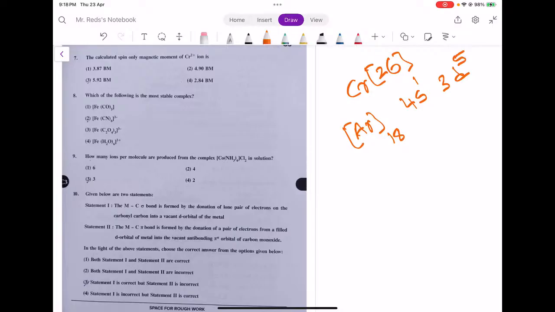Now the electronic configuration of Cr+2: an atom loses, gains or shares electrons from the valence shell only, the outermost orbit. Chromium is losing 2 electrons, 1 from the 4s orbital and 1 from the 3d orbital. So what is the electronic configuration of Cr+2?